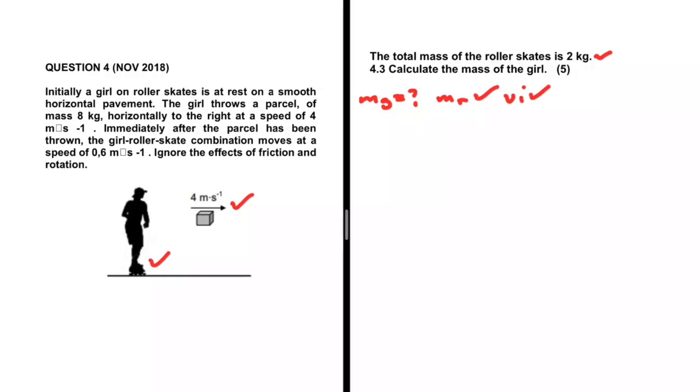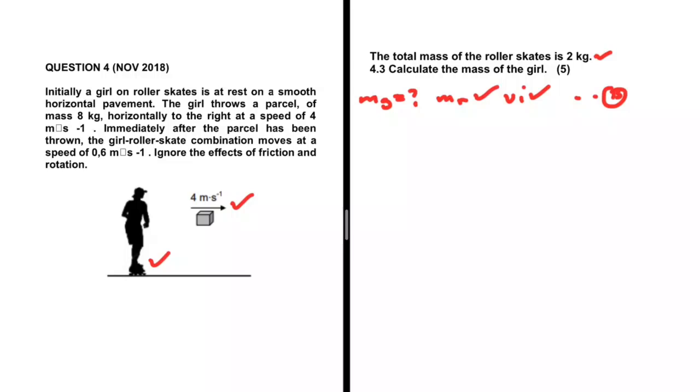Because before the parcel is thrown, the parcel, the roller skate, and the girl are all at rest. The initial velocity is equal to 0, right? That is before the parcel is thrown. So now let's take a look at what happens after the parcel is thrown.